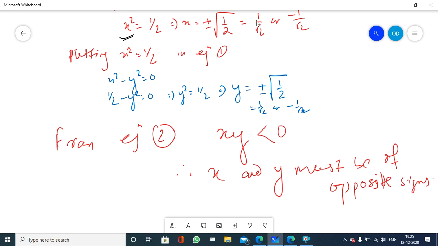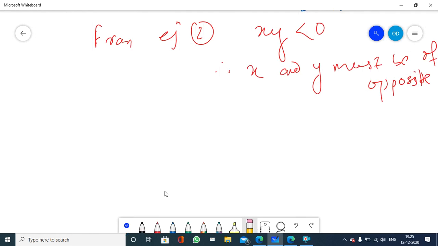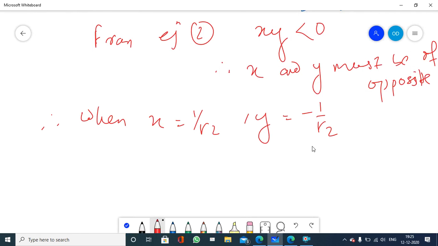Okay. So here x value is 1 by root 2 or minus 1 by root 2, y value is also 1 by root 2 or minus 1 by root 2. But which x is associated with which y? Therefore, when x is equal to 1 by root 2, then y must be equal to minus 1 by root 2.